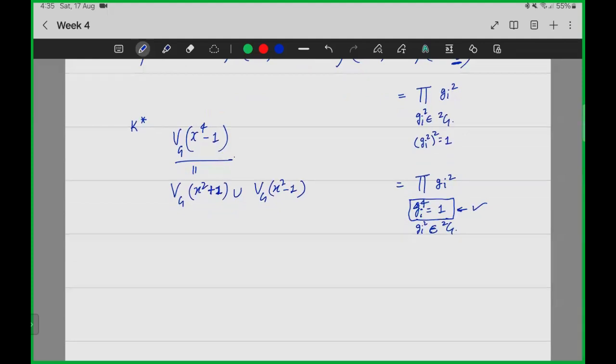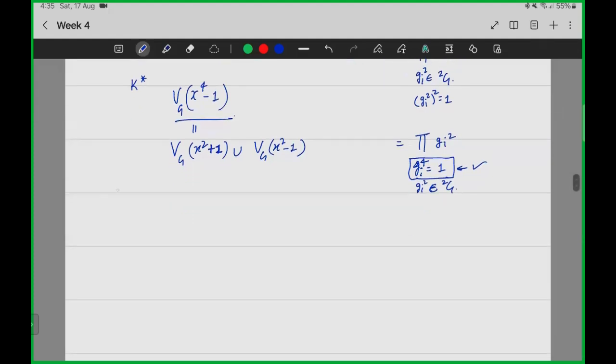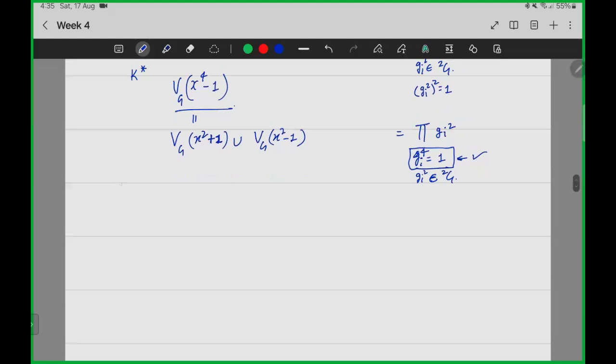So okay, we can take these two cases. So first case, when x square plus 1 has no solution. Nonetheless, this polynomial has a solution, right? 1 and minus 1 are already inside G. Oh, sorry. But minus 1 might not be the square of anything. It should be the square of something, right?